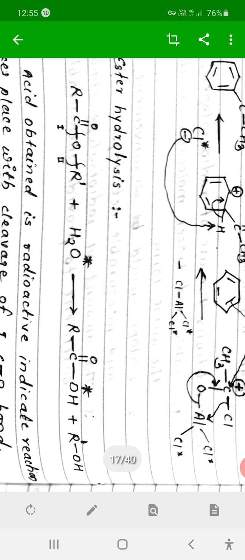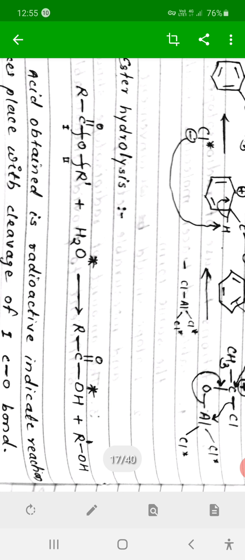Then what is the question? If we consider the reaction, whether the first bond breaks or the second one breaks.